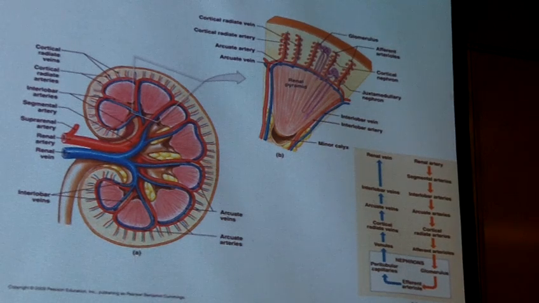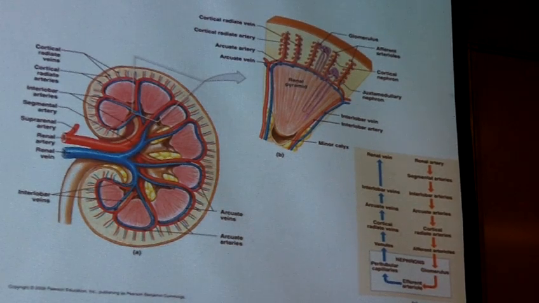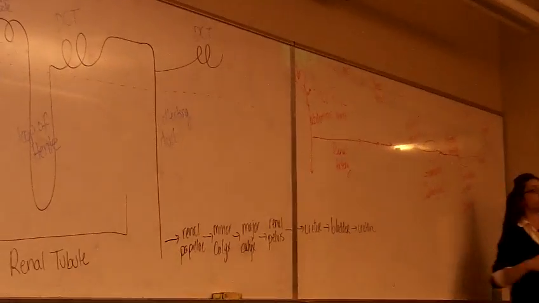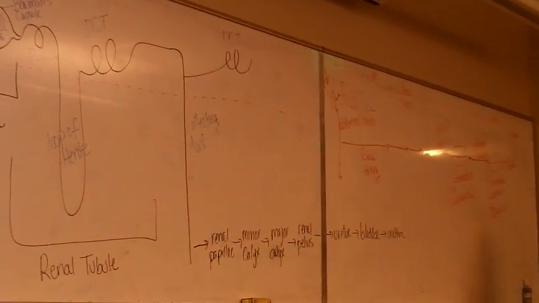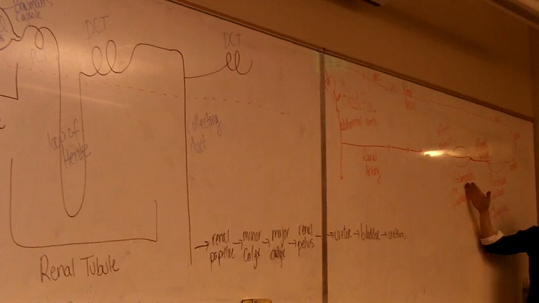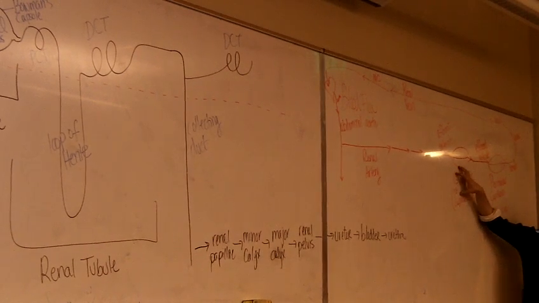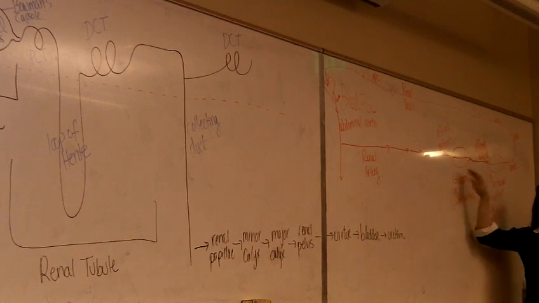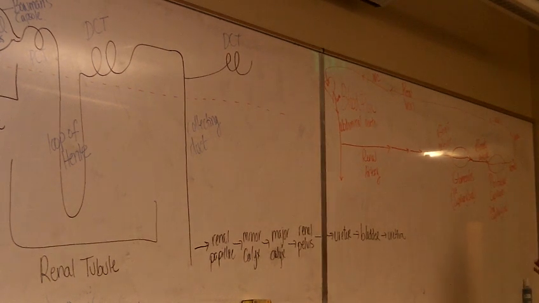Remember, we can't have things diffusing in and out of the blood in arteries or arterioles. Why? Why can't we? They're too thick, right? We can only have things like water and glucose and organic wastes and other things moving in and out of the blood at capillaries because they're a single cell layer thick. They're simple squamous epithelia, and that's it in the wall.